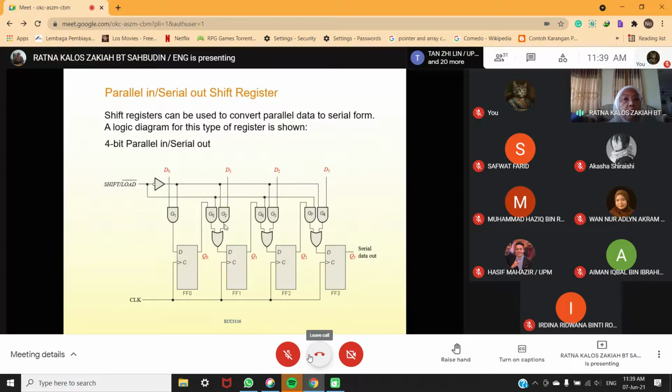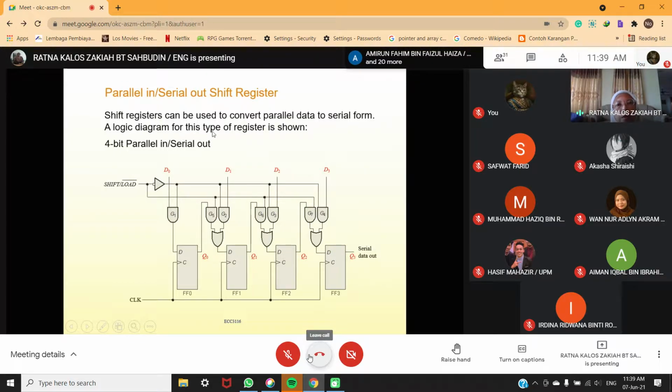There are several types of shift register: serial in, serial out, parallel in, serial out, and so on. This is one of the forms, parallel in, serial out.